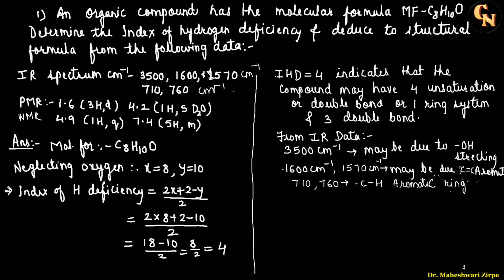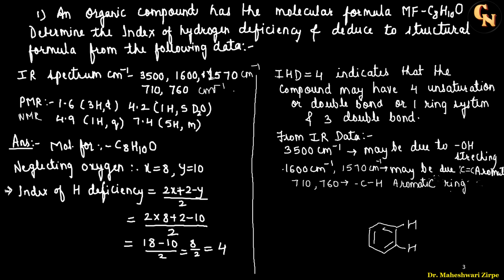Now this is the data from where we come to know that there is an aromatic ring present, because these two indicate double bonds, so it may be like a benzene ring. And 710 and 760 indicate CH bonds.